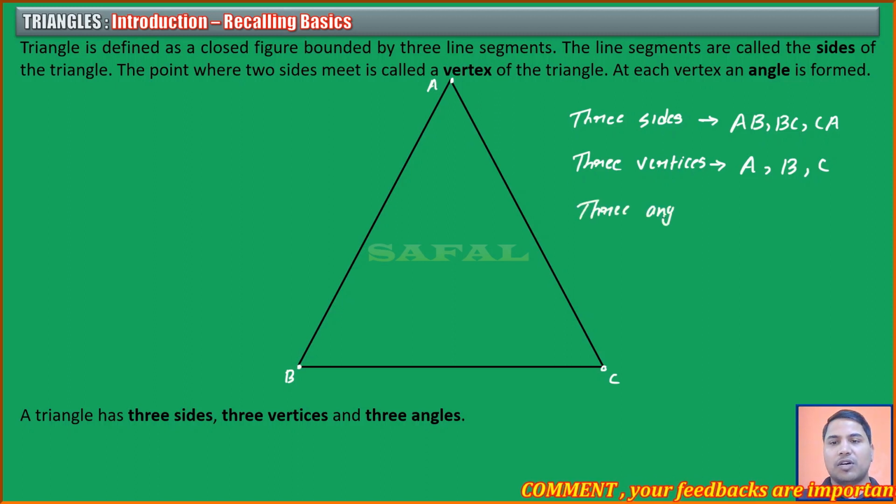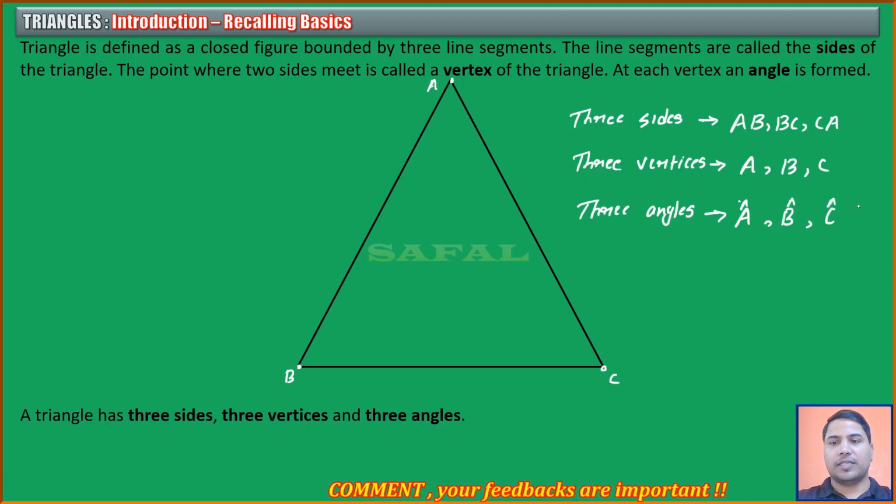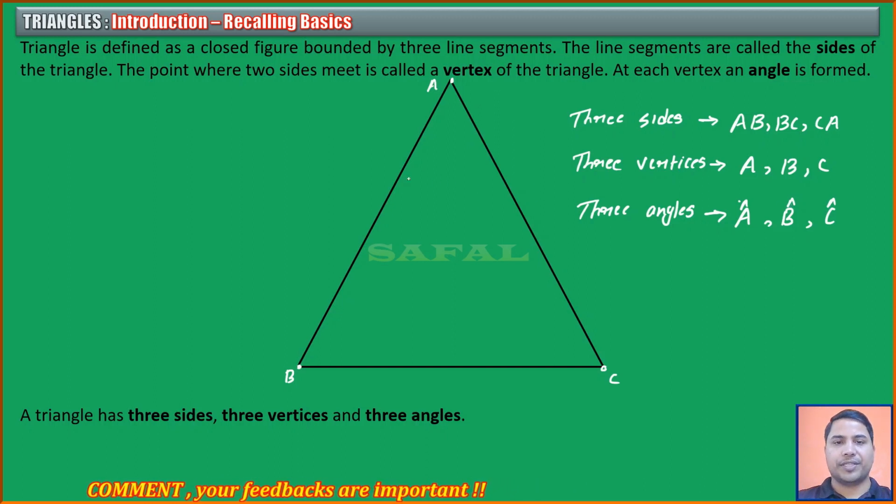All of you know how to denote angles also, right? Angle A, angle B and angle C. So a triangle has three sides, three vertices and three angles which I have listed. Of course, almost everyone will be knowing that.